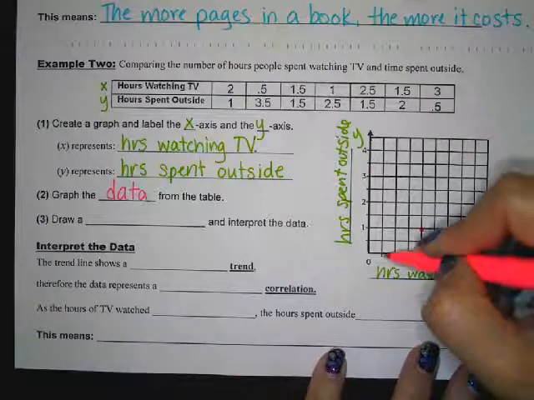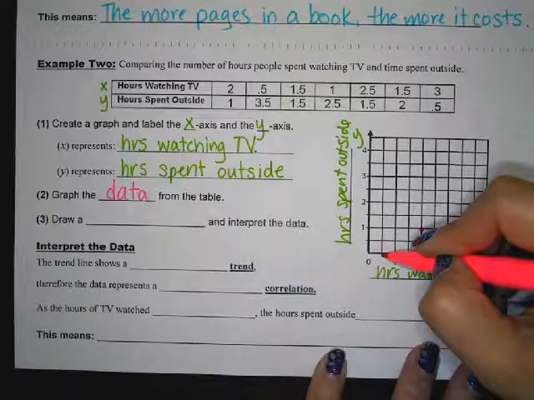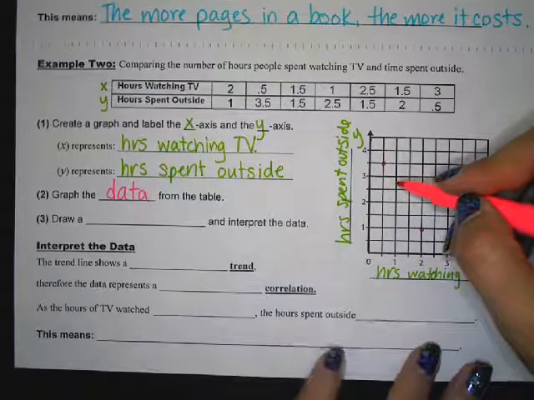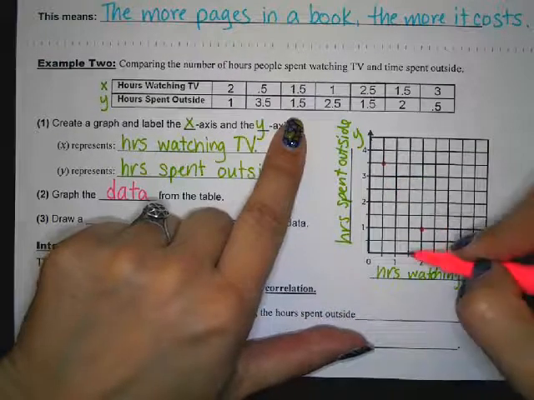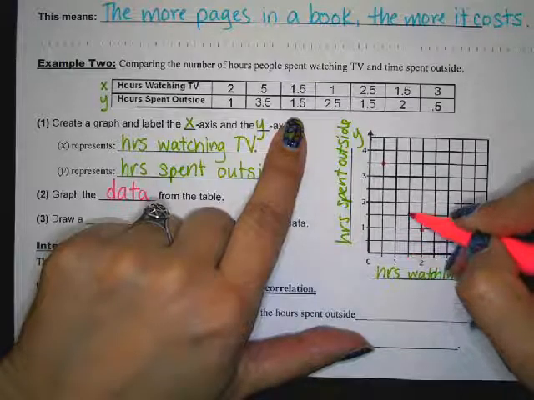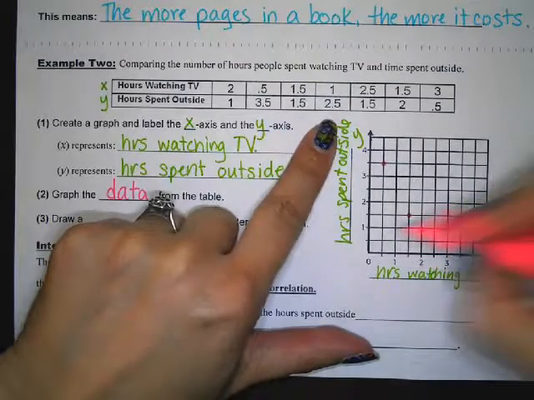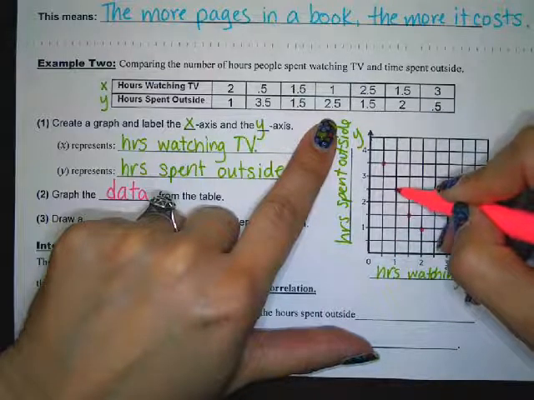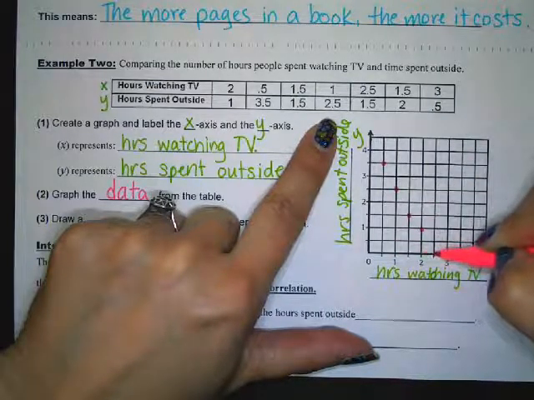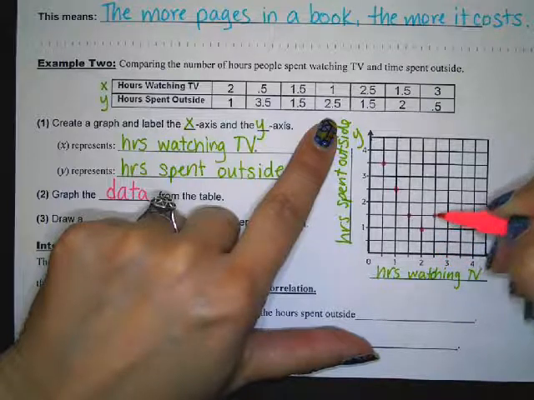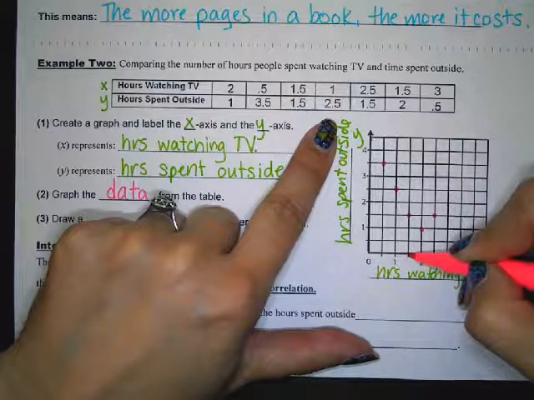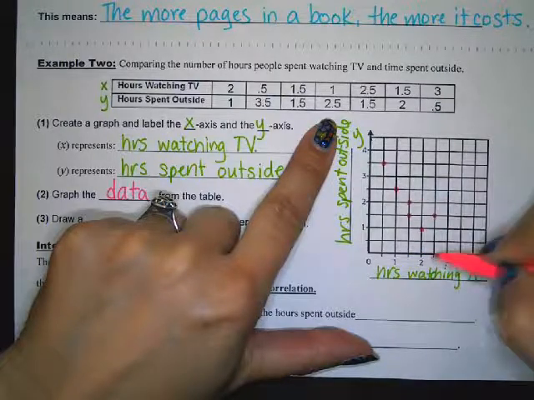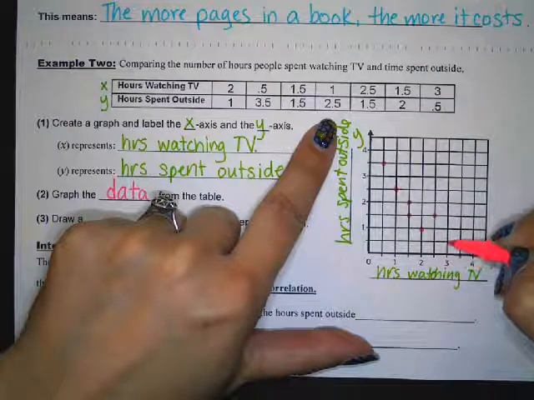A half hour watching TV is 3.5 hours outside. 1.5 watching TV is 1.5 outside. 1 watching TV is 2.5. 2.5 is 1.5. 1.5 is 2, and 3 is a half.